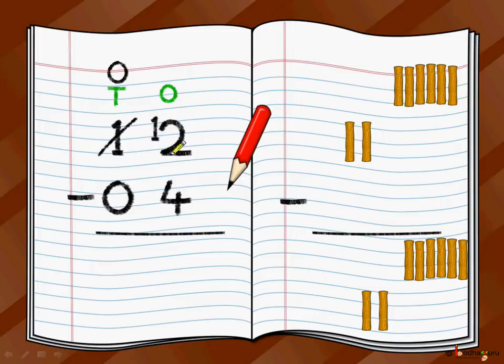So now this is left with 12, and now you can easily do 12 minus 4, which is 8. Correct? Come to the tens position, nothing left, 0 minus 0 is 0. Here also 0 minus 0 is equal to 0.